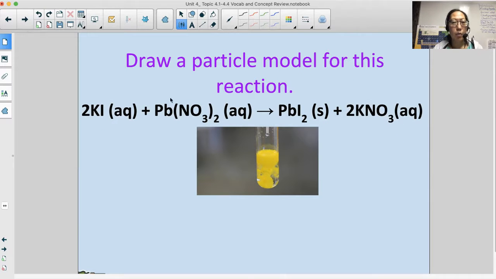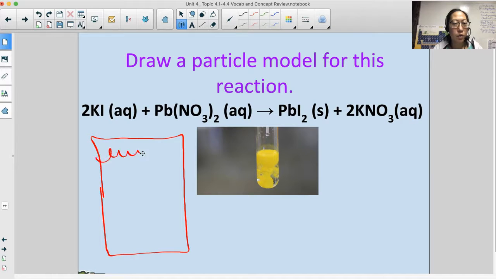All right, so if we want to draw a particle model for this reaction, what do we have to do? Here, I'll draw the reactants in this beaker over here. Imagine it's filled with water. Maybe I should use blue since we typically think of water as blue. It's not always blue, it's colorless. So here we want to draw 2 KI, so 2 formula units of KI. These are ions, remember? So I'm going to draw this as a K plus and a K plus.